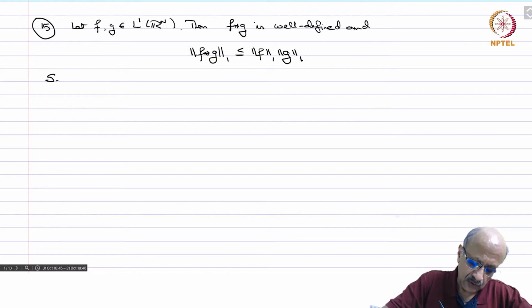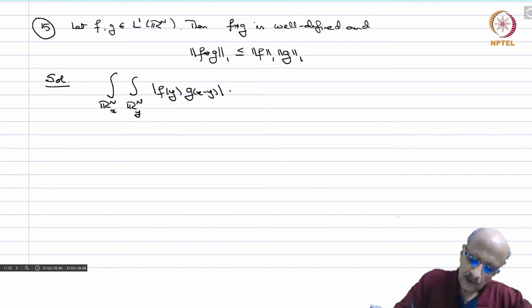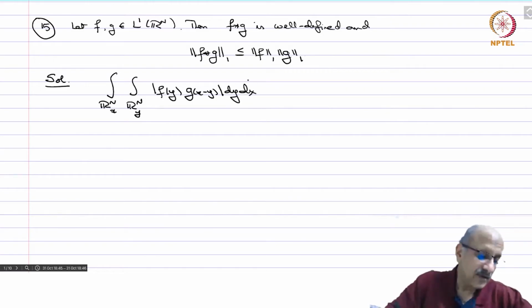Okay, so solution. We look at the following integral: integral over R^n with respect to x, integral over R^n with respect to y, mod f(y) g(x minus y) dy dx.